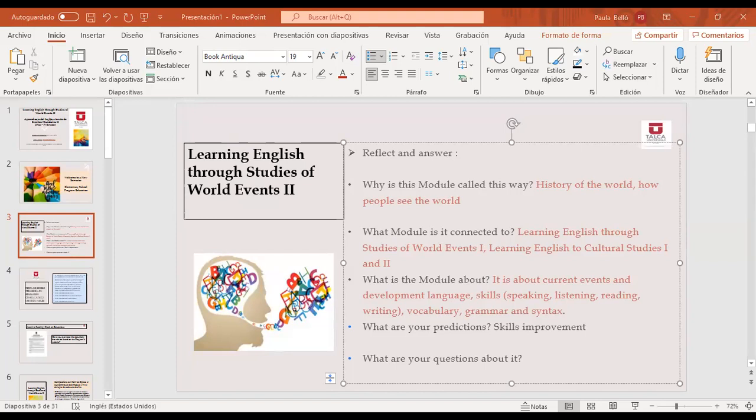I don't know. I thought that we could learn about World War II, World War I, but I think it's too old. Yes, well, we were thinking of events that are nearer in time. So we still might have some consequences of World War II, for example, in many of our countries.